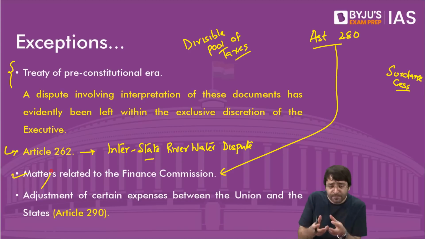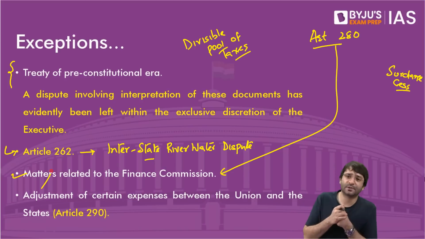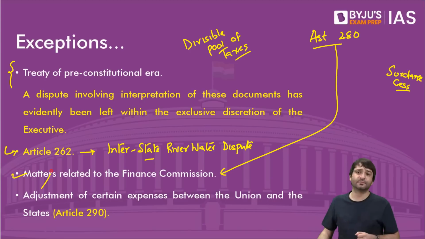If a state is unable to generate its own revenue, we have to provide them more money. If there are some special category states, for example, 7 northeastern states, Sikkim, Uttarakhand, Himachal Pradesh, Jammu and Kashmir, these are all special category states, more money should be given to them. This formula is decided by the Finance Commission.